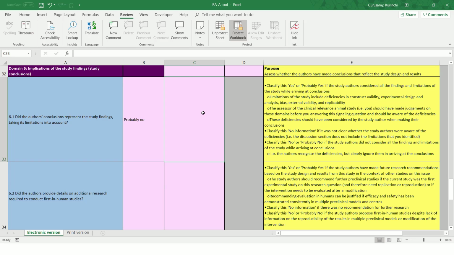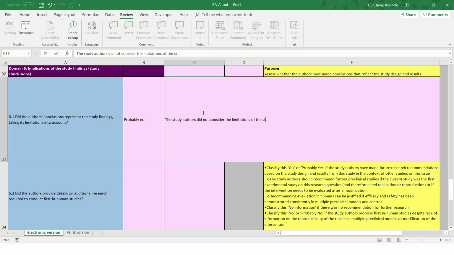The authors did not consider the limitations of the study before making conclusions.